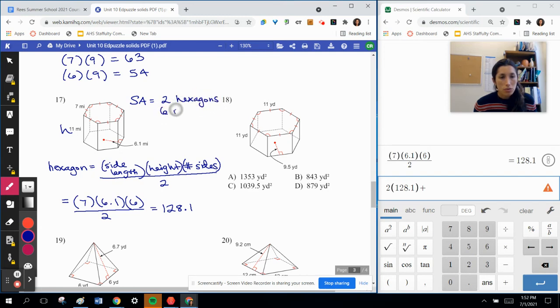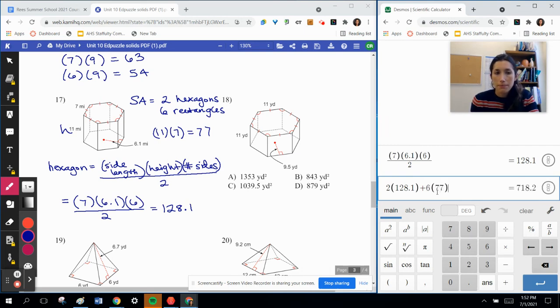And we have 6 rectangles as well. So like this rectangle here. This rectangle here would be 11 by 7. So 11 times 7 is 77. So we've got 6 of those, 6 rectangles with an area of 77.